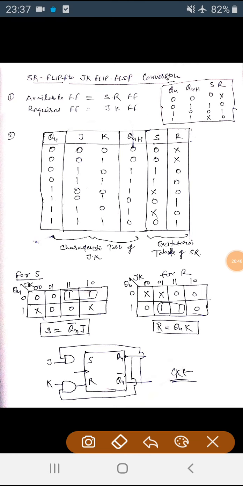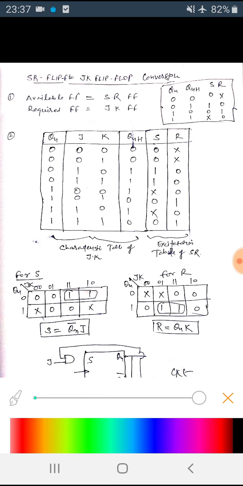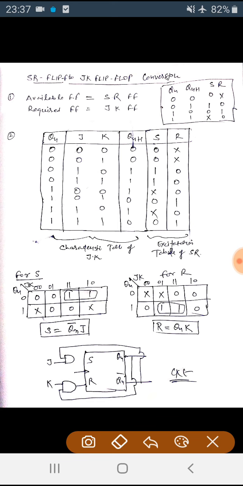The next and fifth, last step was to implement the circuit. As we can see in the Boolean expression, S is nothing but the multiplication of Qn bar and J. So we will use an AND gate to implement it, and the output S would be J multiplied by Qn bar.